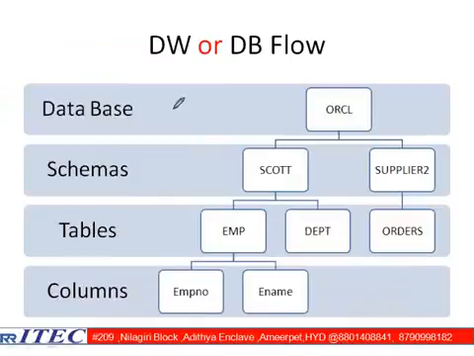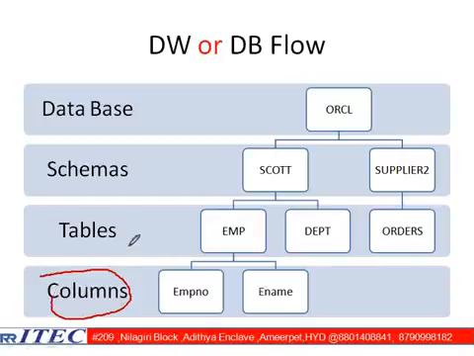Now, next point. We were discussing the data, then databases, that is done. Now we need to see how the data warehouse or database flow will be. What are the different objects available? First we have the columns.